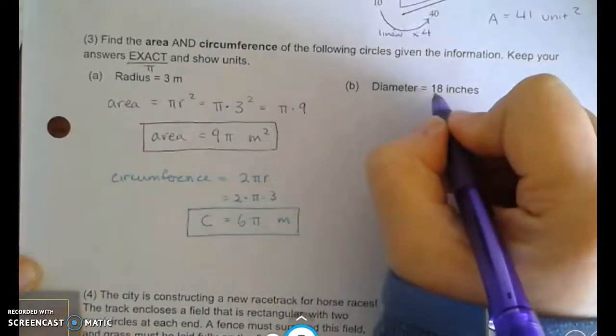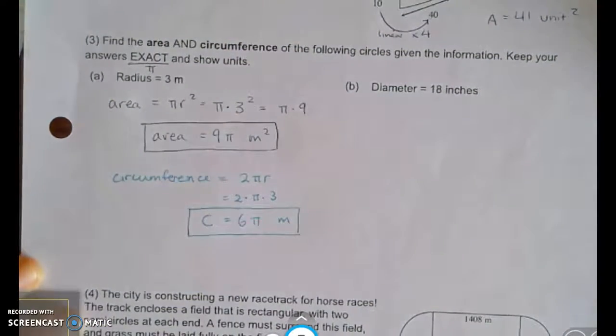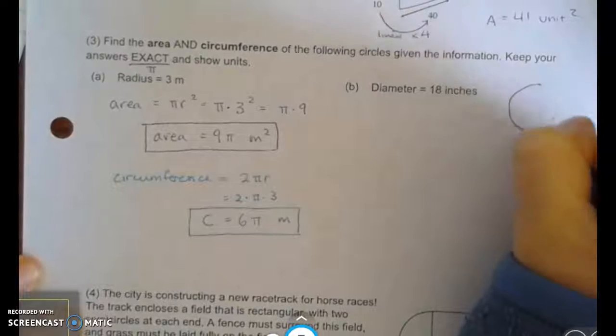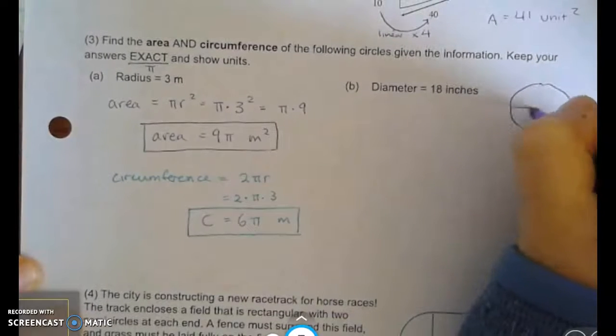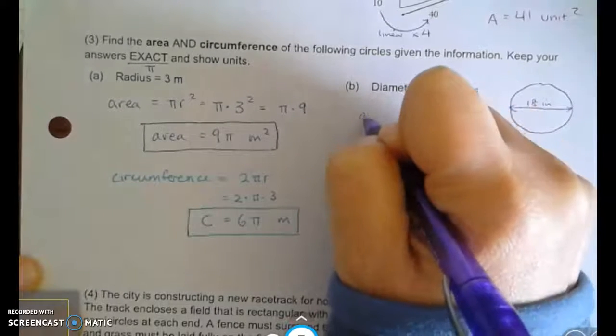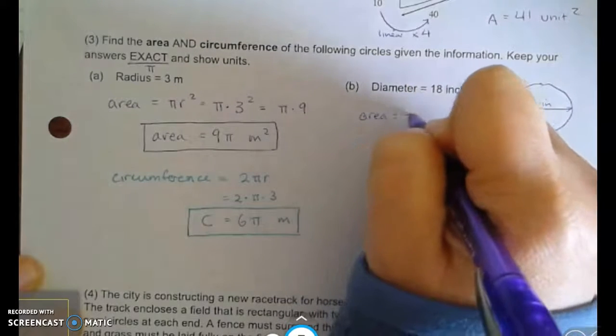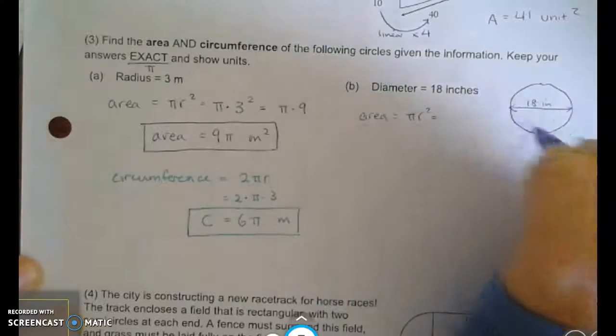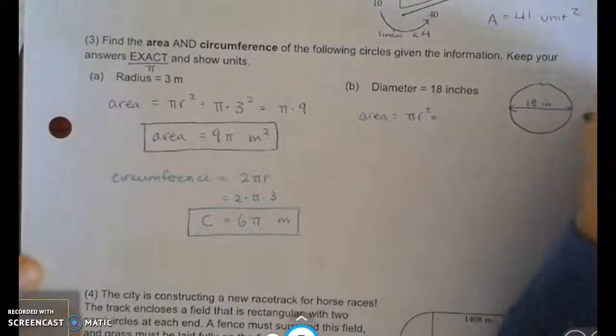This time we're given a diameter of 18 inches for this circle. The area is again pi r squared. What is the radius in this case?